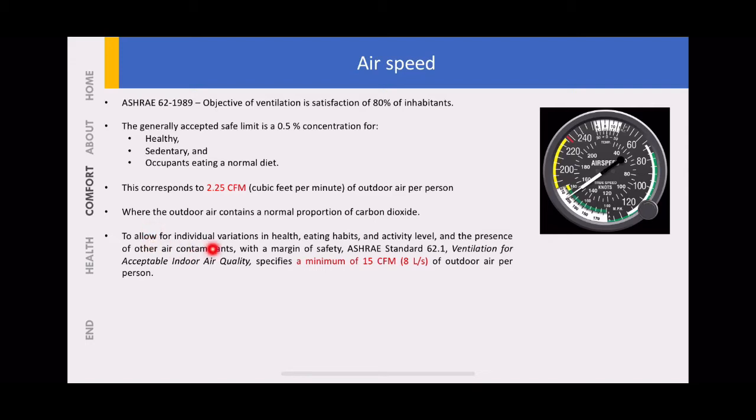Airspeed allows for individuals to vary in health, eating habit, and activity level. So I'm not joking. Airspeed is very important for you to stay healthy. Sometimes the room is hot, but when you switch on the aircon, it's quite cold. But you blast this cold air straight to your chest. After a few hours of exposure, sometimes people can develop flu symptoms, right?